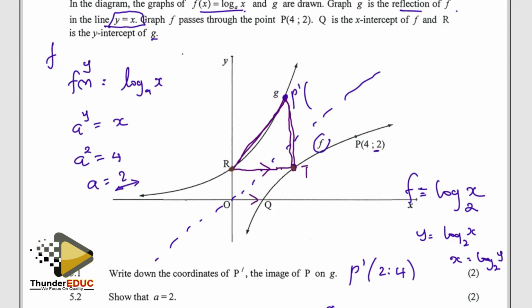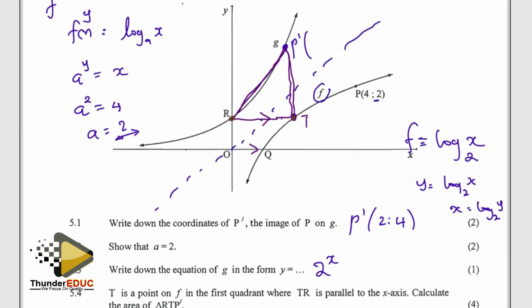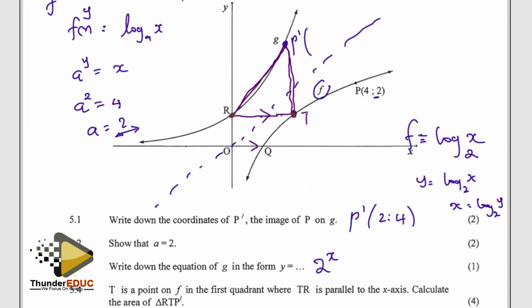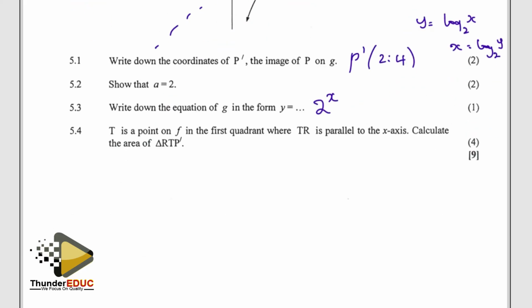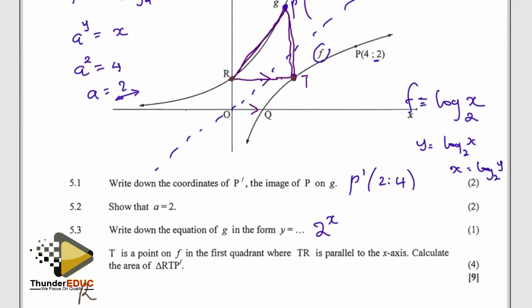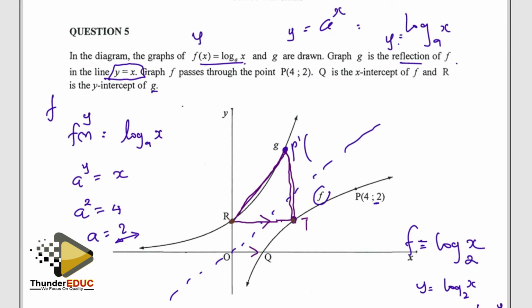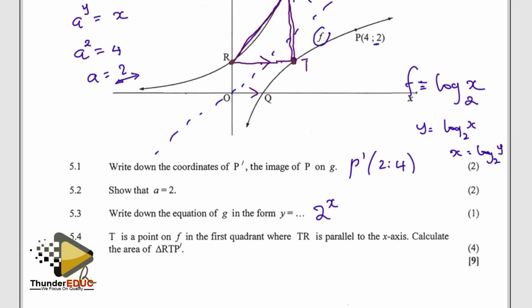How many marks is this question? It's 4 marks. So first things first, we need to get the coordinates of R. We know that R is on the y-axis. Since we got the equation of g to be 2 to the x, if we replace x with 0 here, we're going to get 1.